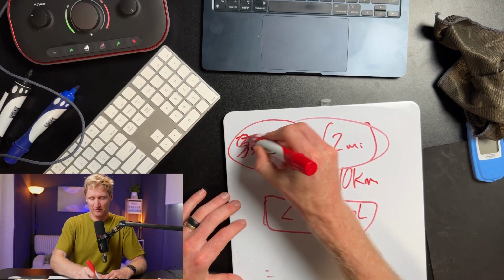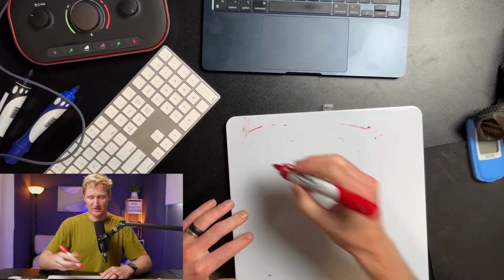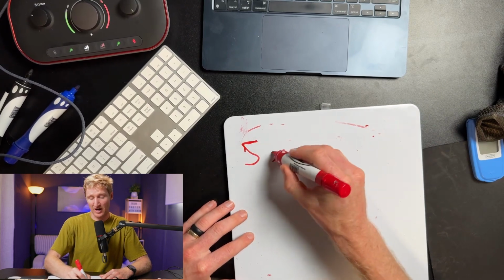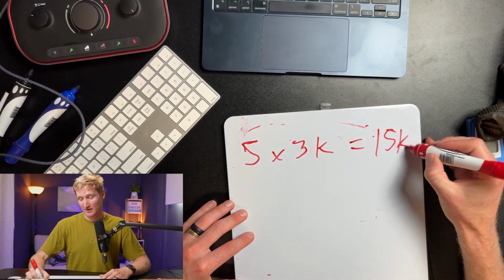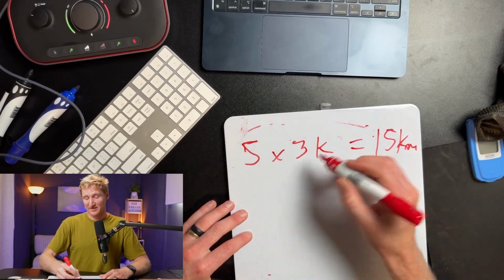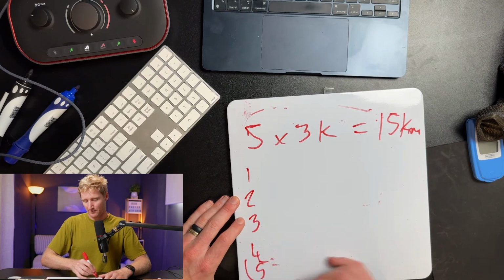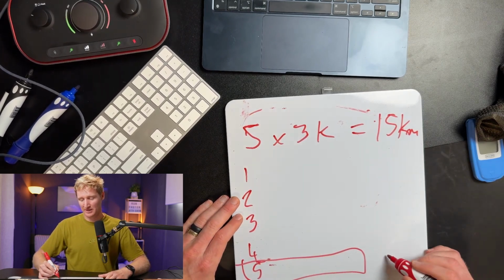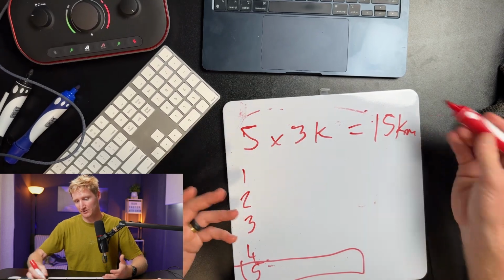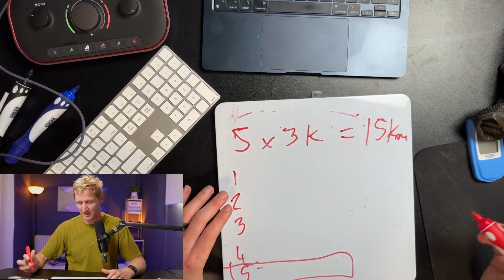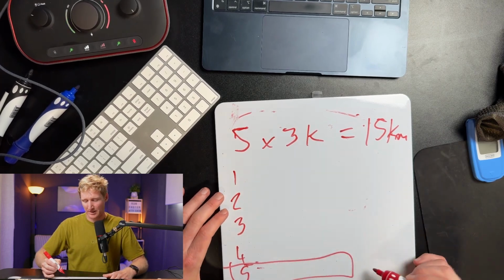If I was today to do, say, 5x3K and I'm at 15K, by these last two, so if we're doing 1, 2, 3, 4, 5, by this one, I can afford to be higher in my values because for me it was 6Ks left, around 20 minutes left, and I can play with fire a little bit there.